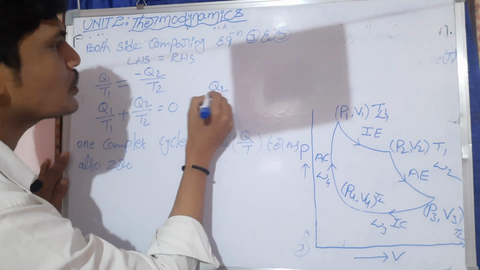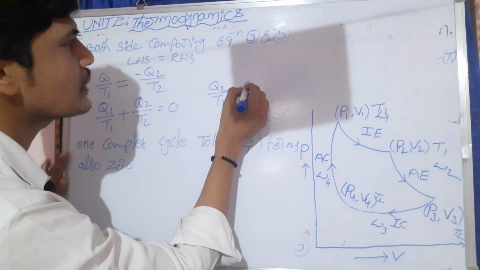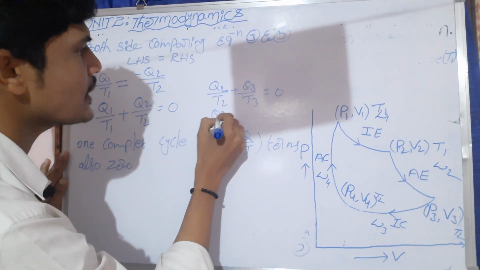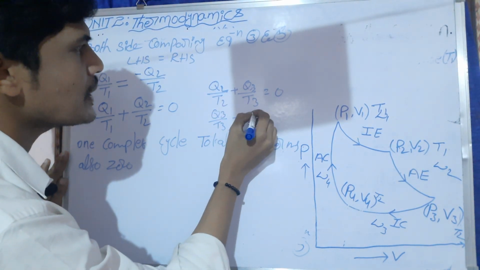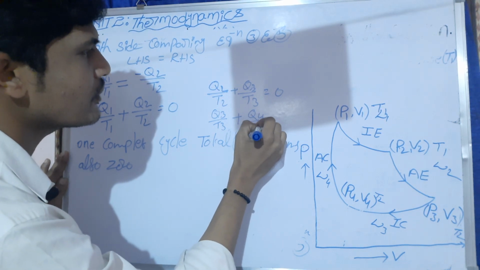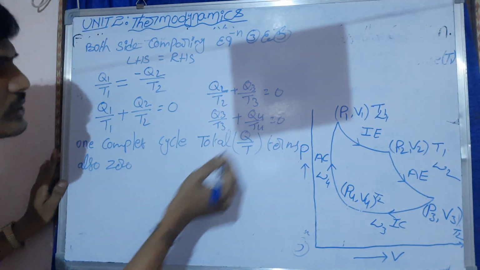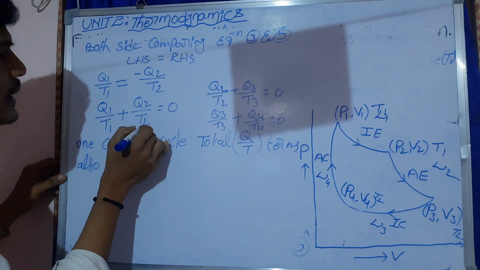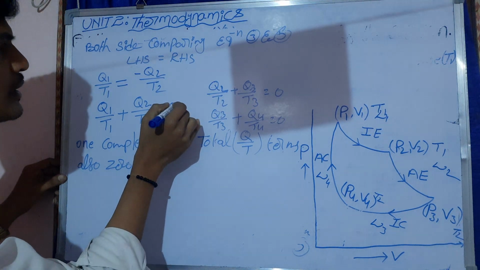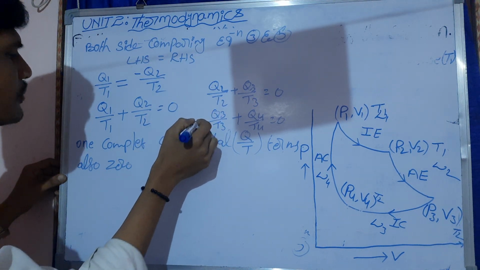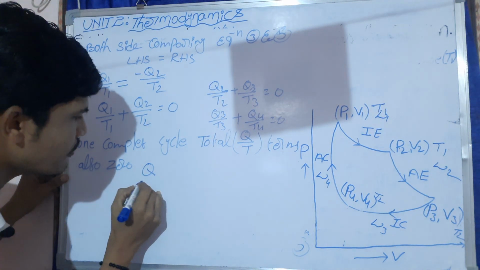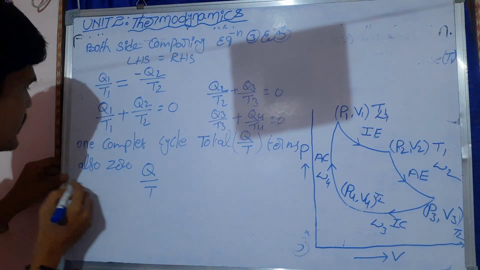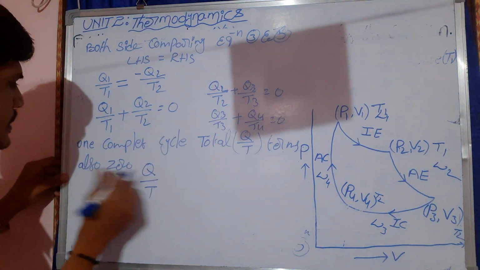Similarly, Q2 by T2 plus Q3 by T3 equals 0, and Q3 by T3 plus Q4 by T4 equals 0. So Q1 by T1 plus Q2 by T2 plus Q3 by T3 plus Q4 by T4, the sum of the Q by T terms, is 0.